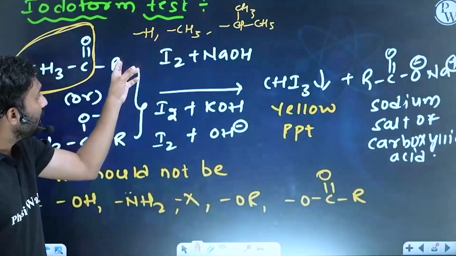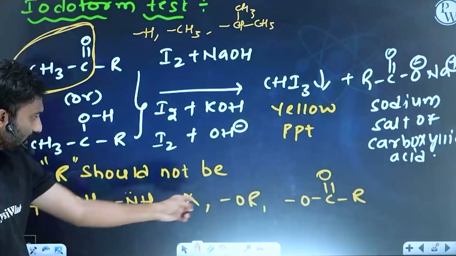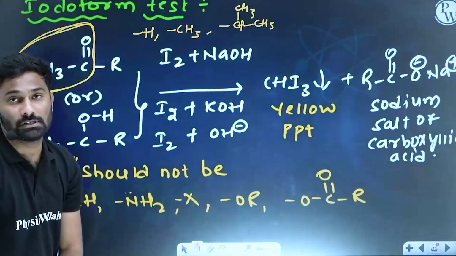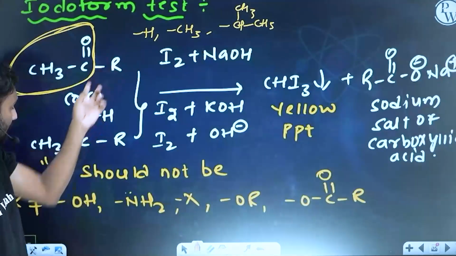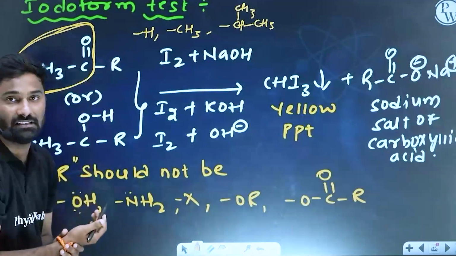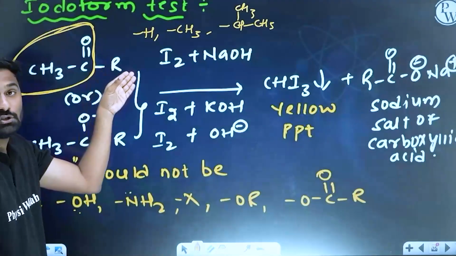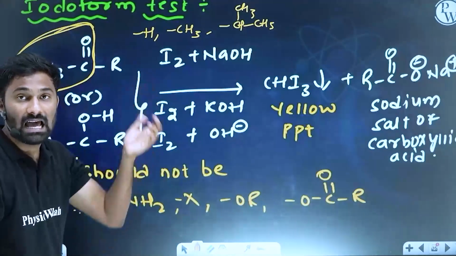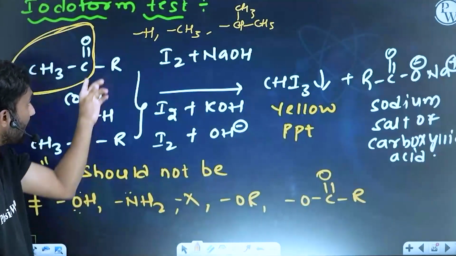If other groups are attached at this R place, it will not give the iodoform test, because if I attach an OH here it will become an acid. So here the R should not be an acid or acid derivative. Okay, in this, there should not be acid or acid derivatives. Clear? Here the R should not be there.